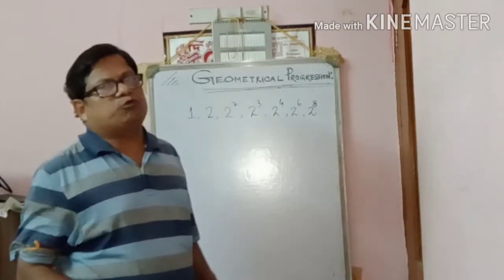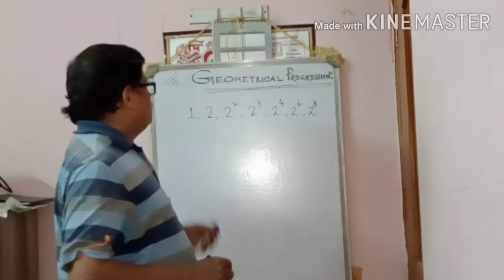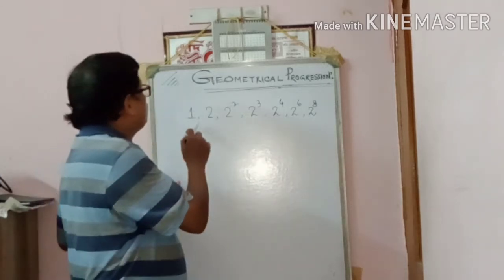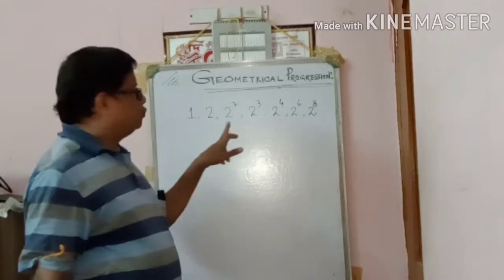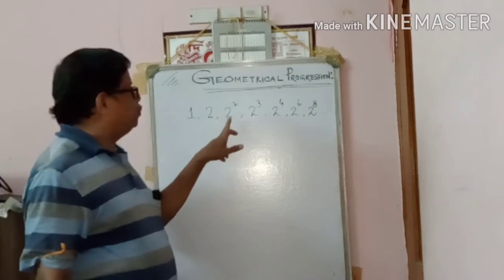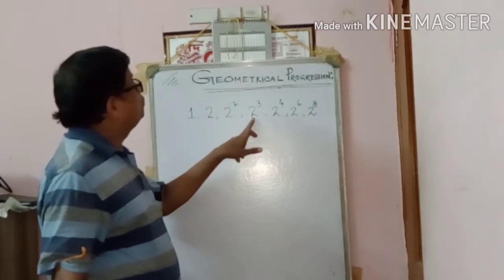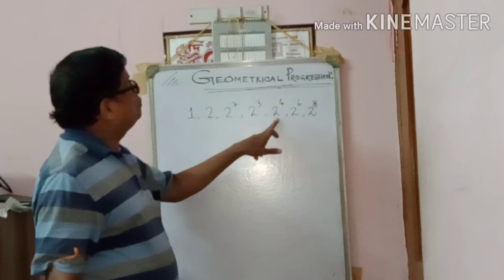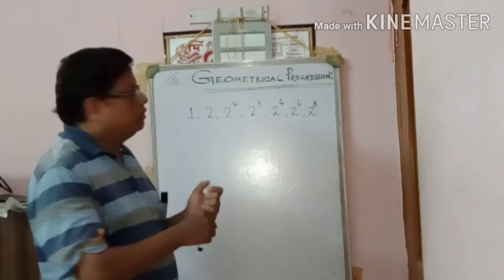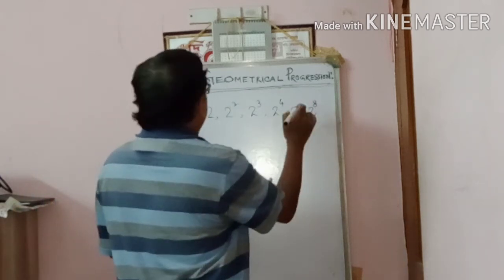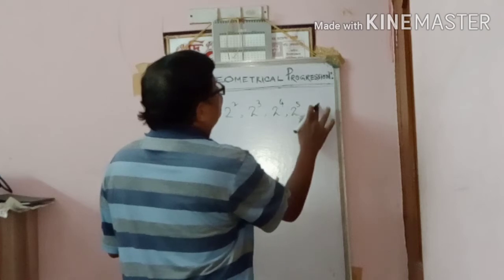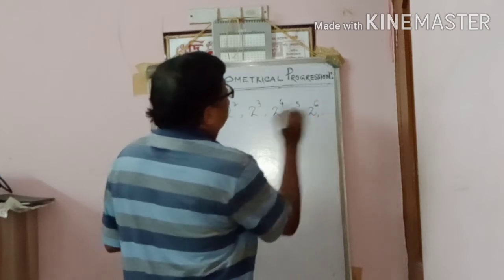We have to consider a few numbers. Okay? Suppose 1, 2, 2 square, 2 cube, 2 to the power 4, 2 to the power 5, 2 to the power 6.